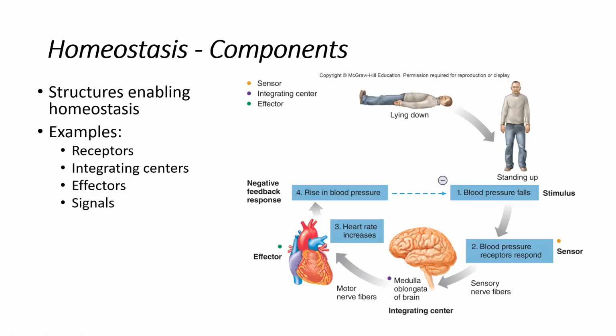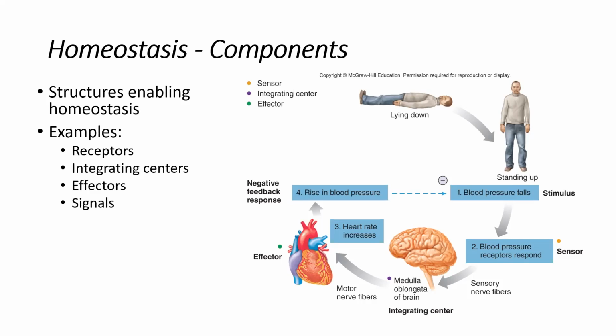In our example here with blood pressure, if I stand up really quickly, and then my blood pressure falls, the receptors are going to detect that change in blood pressure. They're going to send some signals up to my medulla oblongata. And then the corrective change would be to increase my heart rate so that I can appreciate a raise in that blood pressure. And so the effector is the organ that actually helps to bring about that change.